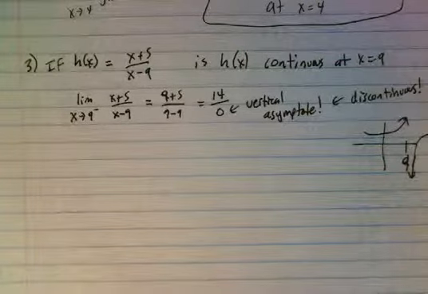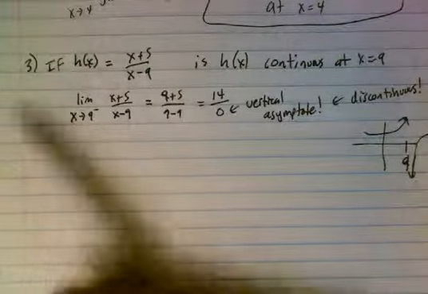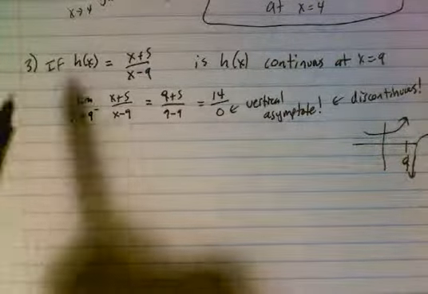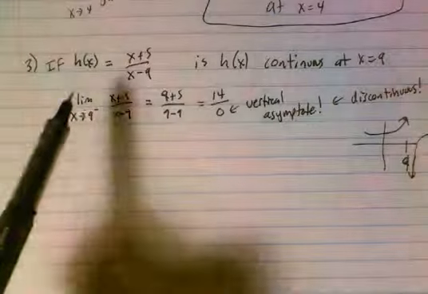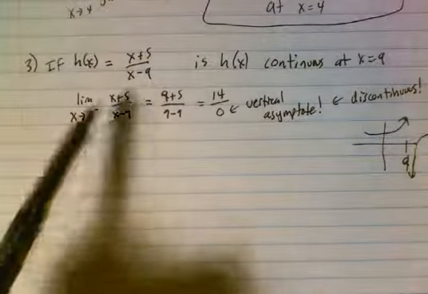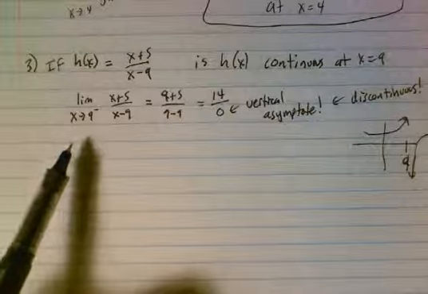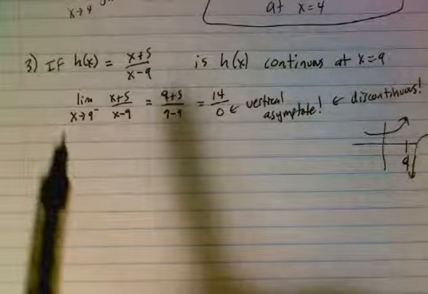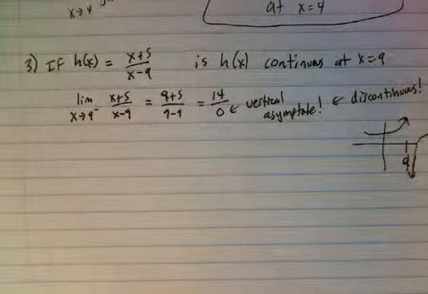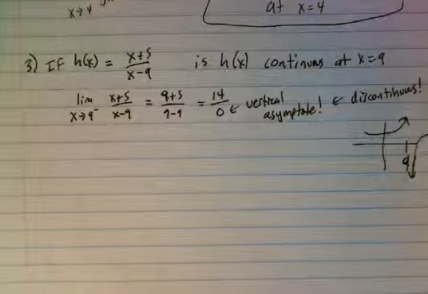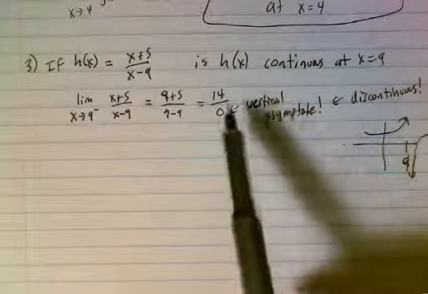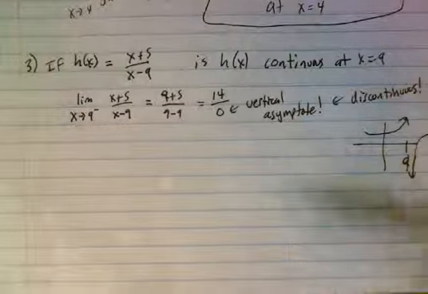If we went on, we could do the full formal definition and say, okay, when we find h of 9, there is no value. If we do the limit coming from the left, we're going to get positive or negative infinity. Coming from the right, it's going to be the other one. But if we ever have this situation where we try to plug it in, we have division by 0.